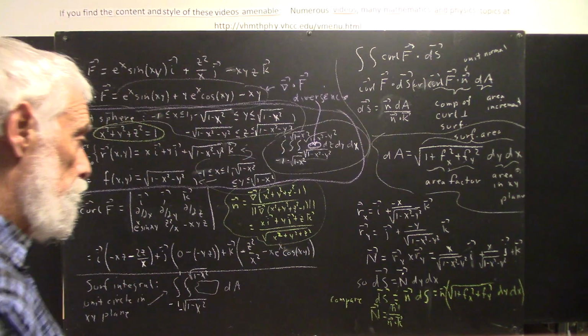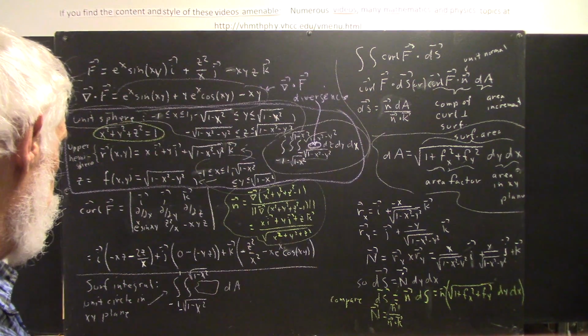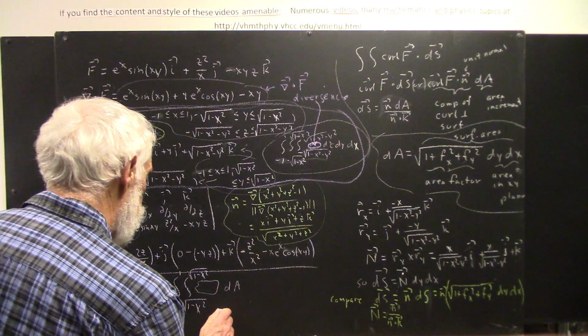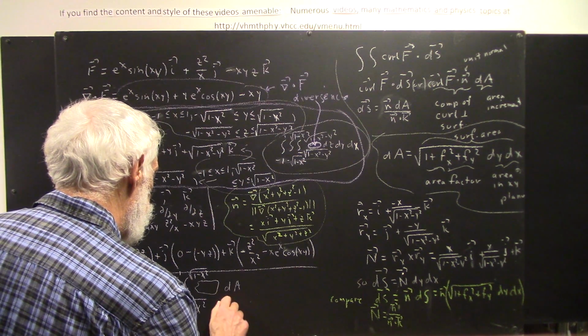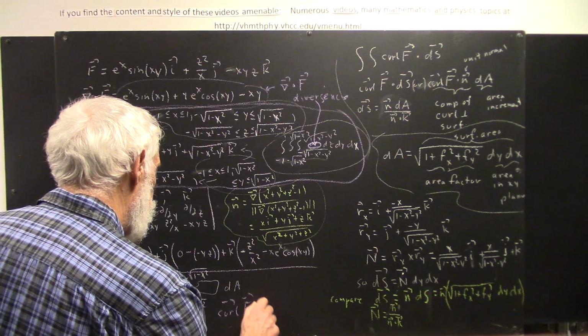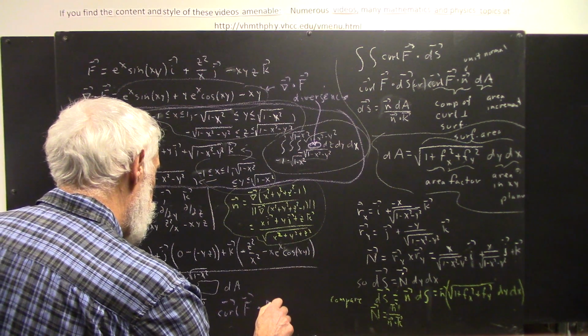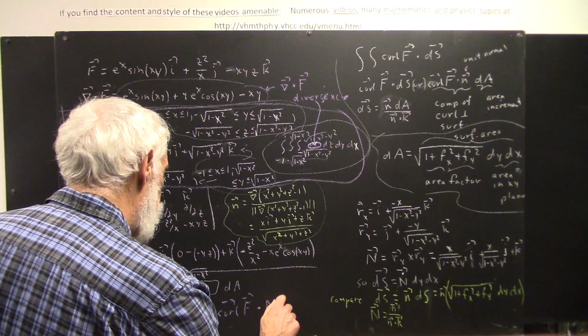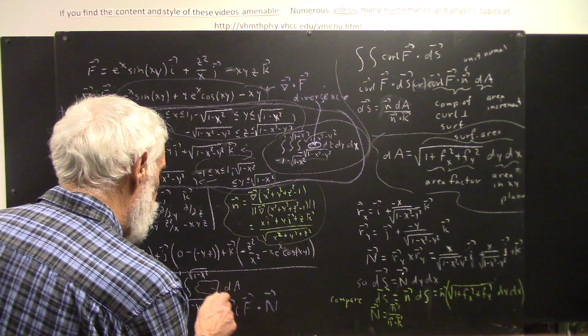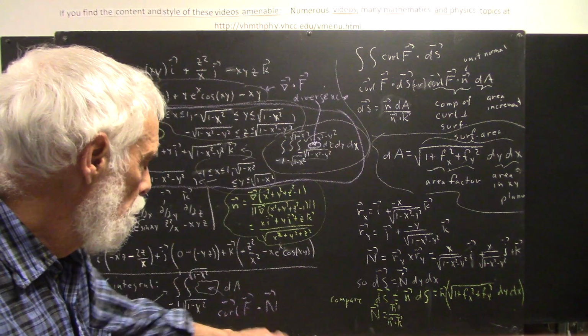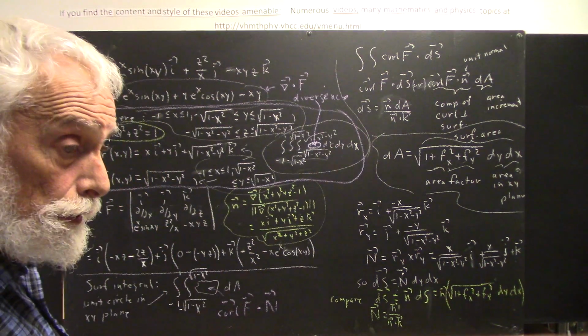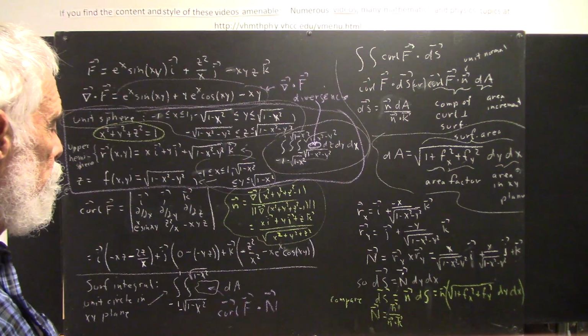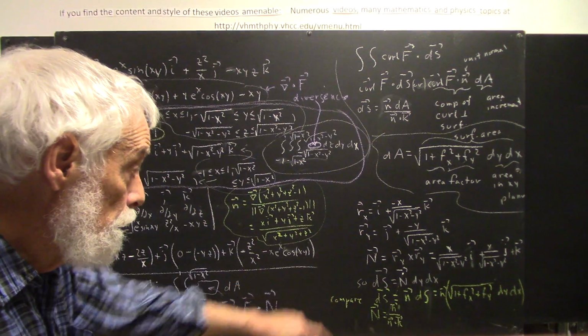What is it that we're integrating? We're integrating here the curl of f dot our normal vector. Okay, curl f dot n. Now we use the capital N, not the little n.